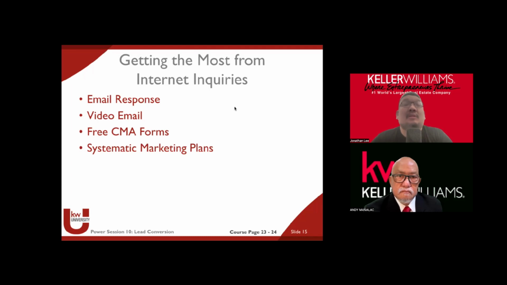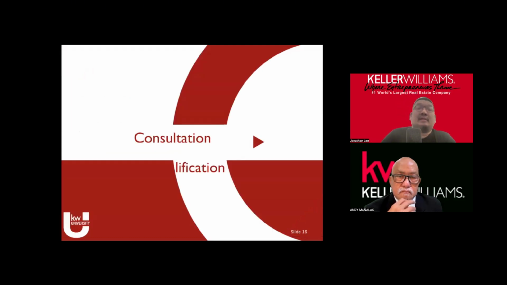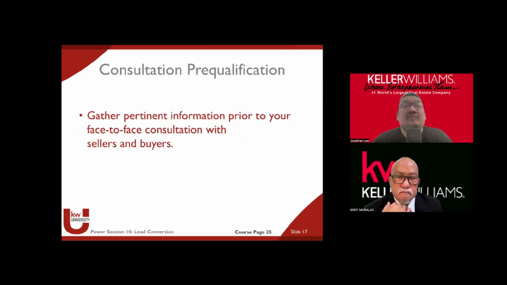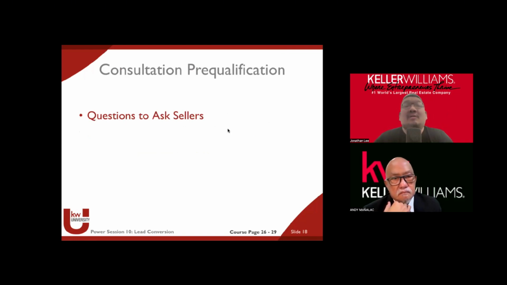So that's important. Let's talk about consultation and pre-qualification. This is when you gather pertinent information prior to your face-to-face consultation with the sellers and buyers. You got to understand the 3 questions first. Those 3 questions is what we want to do. You got to ask questions, a lot of questions. And a simple question today I want to run through with you all is, what are the 10 things that are important to you? And what are the 4 that are non-negotiable?